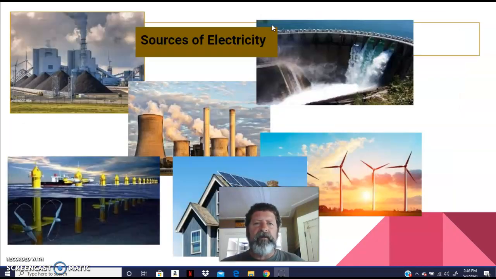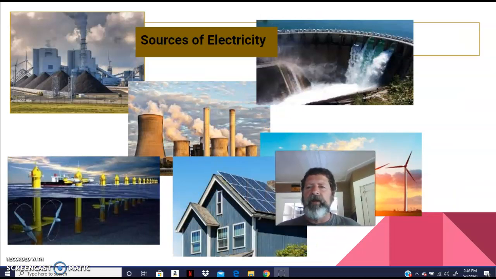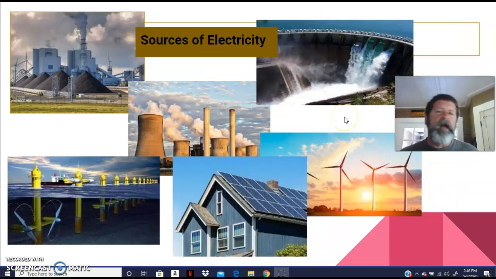Some of the sources of electricity: you've got hydrothermal plants, geothermal plants, coal burning plants, and future things like tide energy. We'll get electricity from the tides and solar electricity. So a lot of different sources, but we're not really going to go into that right now.